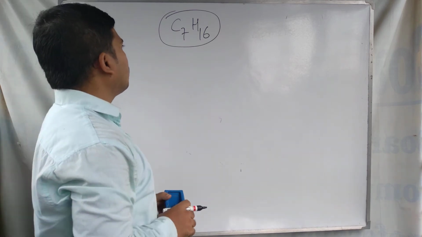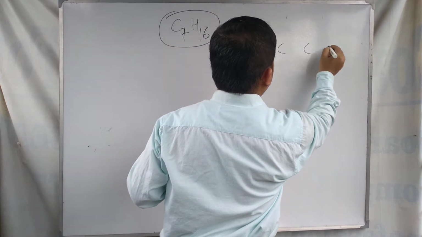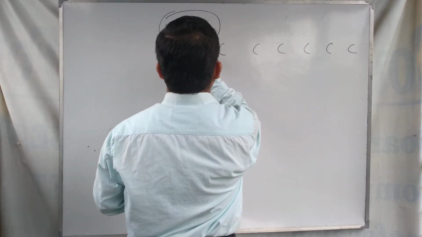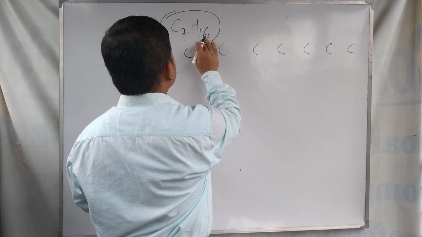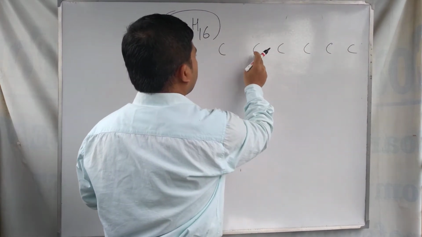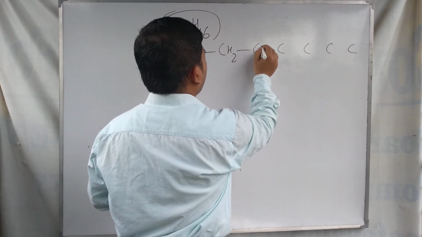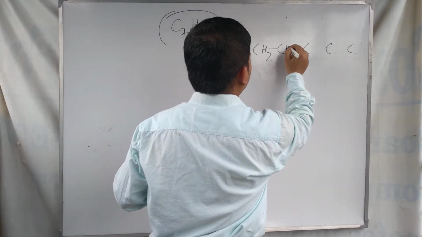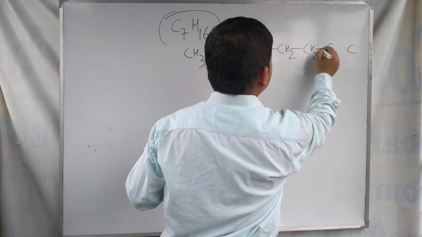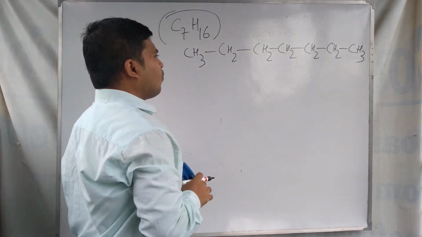At first we draw 7 carbons, 1, 2, 3, 4, 5, 6, 7, and give hydrogens to each carbon to complete the valency of 4.